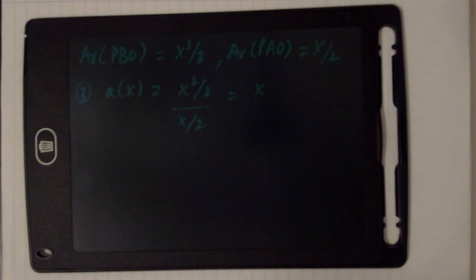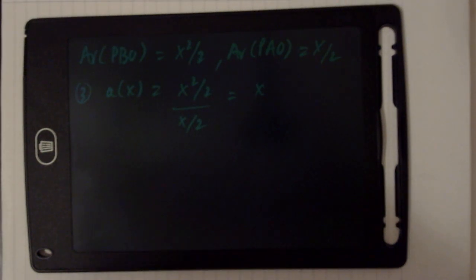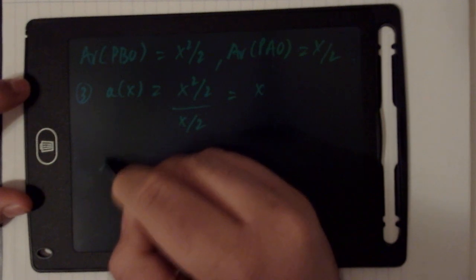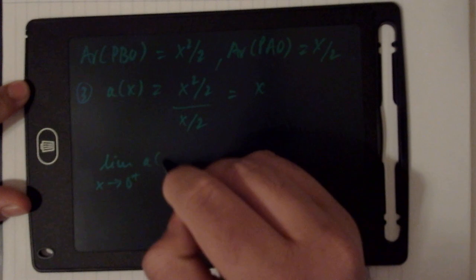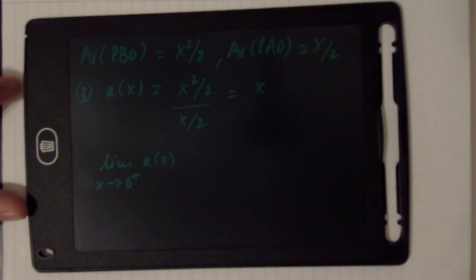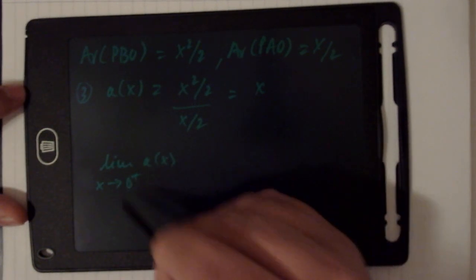So the final thing that the question asks us to do is compute the limit as x approaches 0 from the positive direction of a of x. That's not a b, that's just a 0.